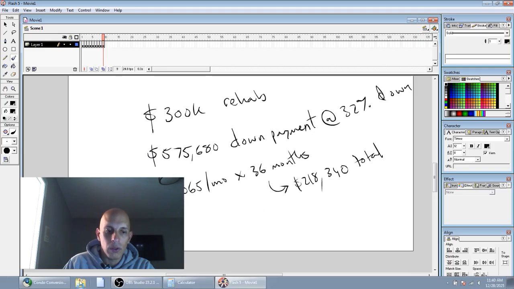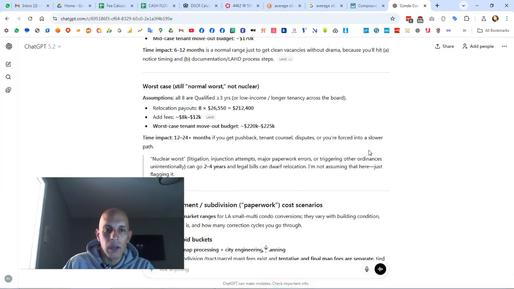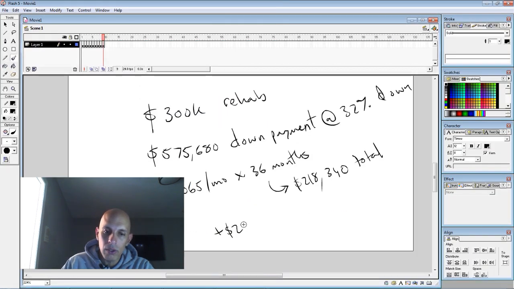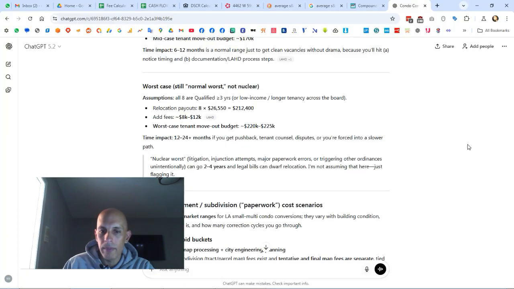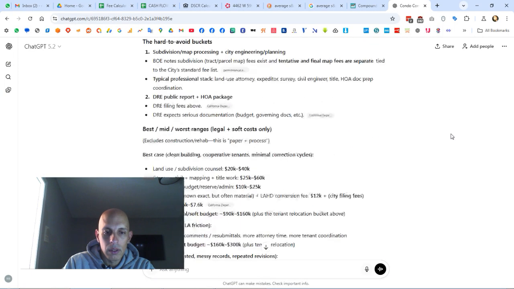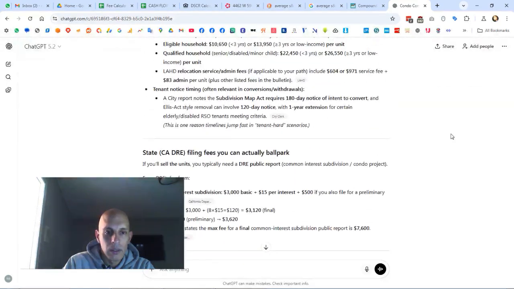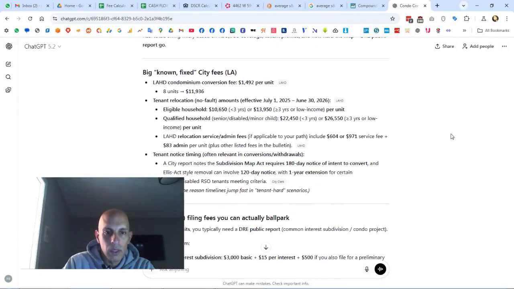And then we're also looking at roughly worst case scenario tenant move out budget. So we're looking at 225,000 right there, plus 225 tenant move out. And then we're also adding $12,000 per unit tenant relocation.